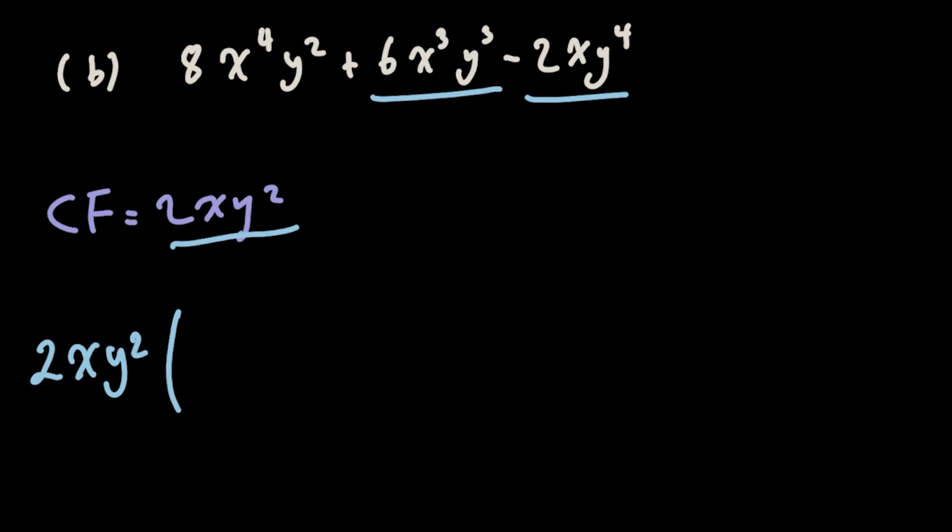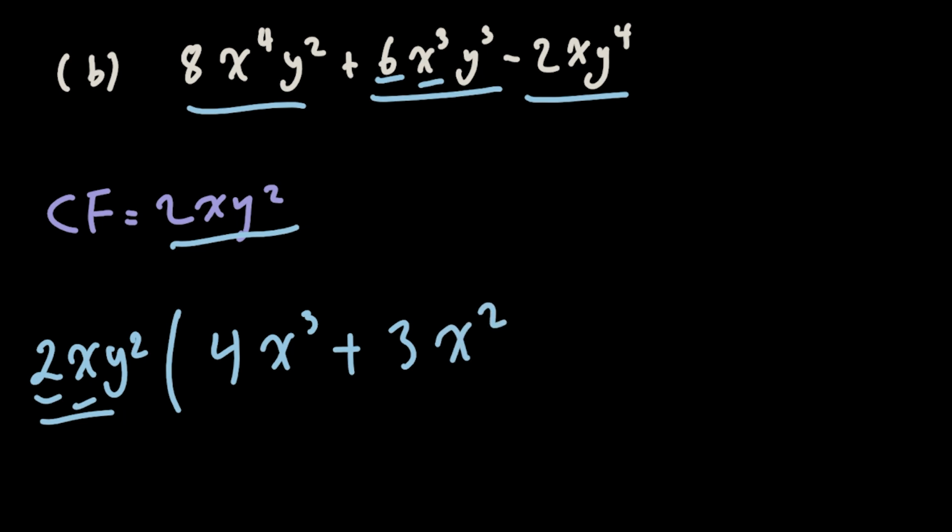Now we will divide each term by it. We will have here 4x to the power 3, and the y will be just 1, so it will be gone, plus 6 over 2 is 3, x to the power 3 over x is x to the power 2, y to the power 3 over y to the power 2 is nothing but y.